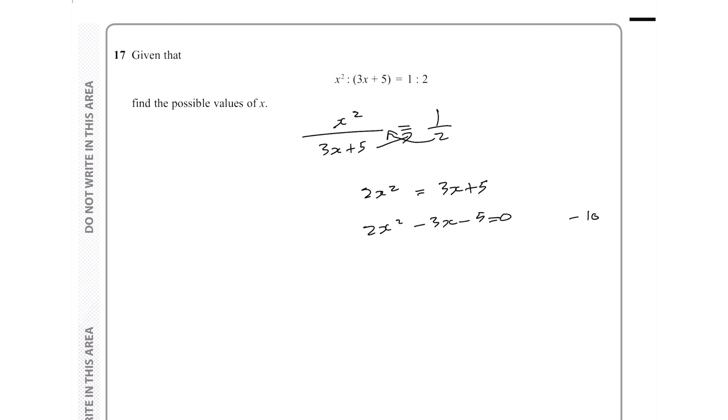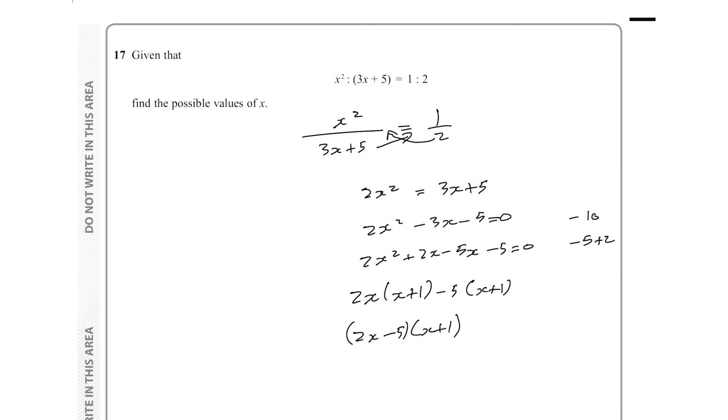Now 2 numbers that multiply to give me minus 10 that add or subtract to give me minus 3 will be plus 2 and minus 5. So that will become 2x squared plus 2x minus 5x minus 5 is equal to 0, which can be factorized to 2x bracket x plus 1 minus 5 bracket x plus 1, and then that can be written as 2x minus 5 and x plus 1 is equal to 0.